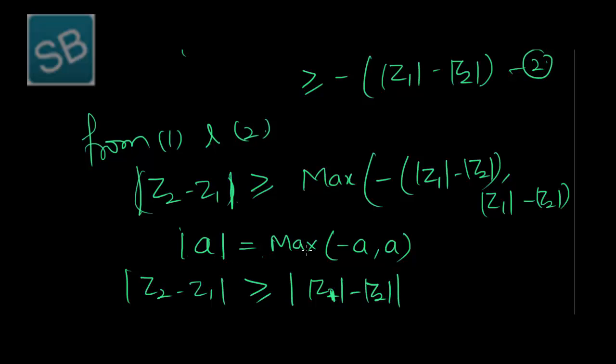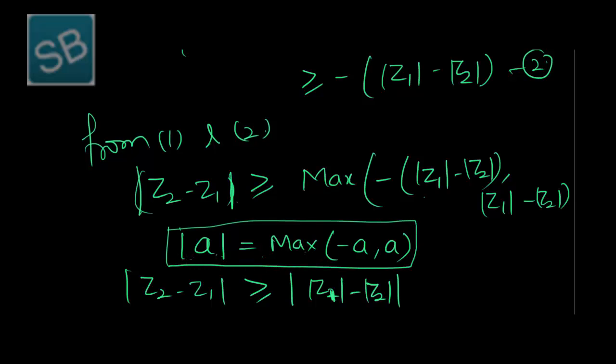Using this result, the maximum of −A and A is |A|. So here the maximum of minus this and this is the modulus of this quantity. So this gave our result. So this is the main link that gives our result.